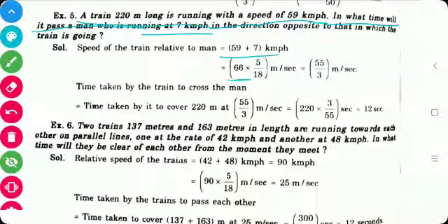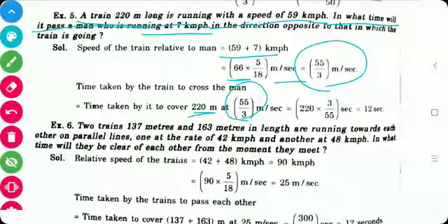We will convert it into meter per second, so we have to multiply that number by 5 by 18. So it is 55 by 3 meter per second. So the time taken by the train to cross the man is equal to the time to cover the 220 meter, but at the rate of relative speed. So relative speed is 55 by 3.